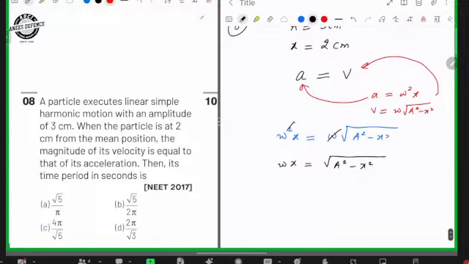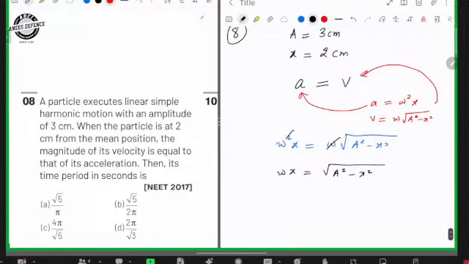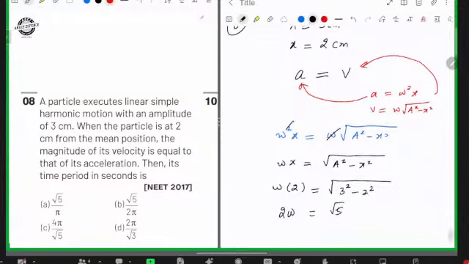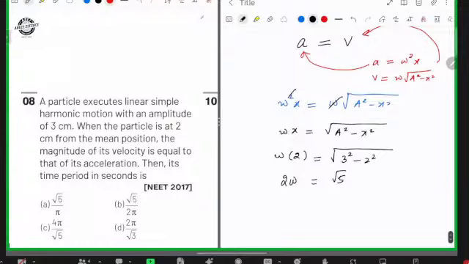Now you can put everything into the equation. Let us put x as 2 and amplitude as 3. So 3 square minus 2 square. 2 omega is equal to under root of 9 minus 4, which is under root 5. Omega can be written as 2 pi by capital T, so 2 pi by T is equal to under root 5 divided by 2.